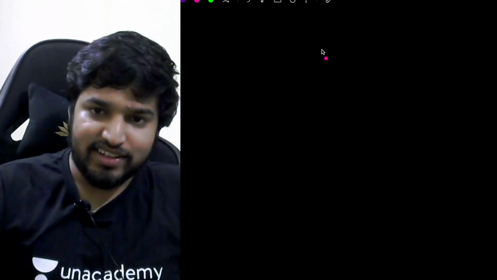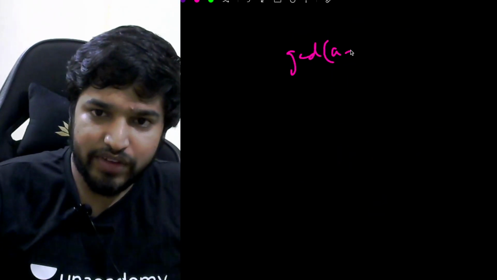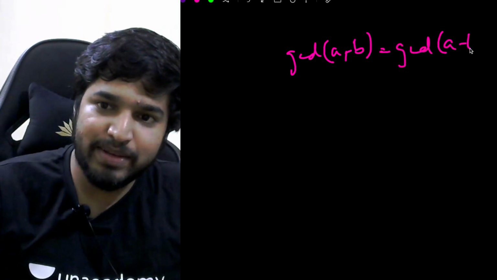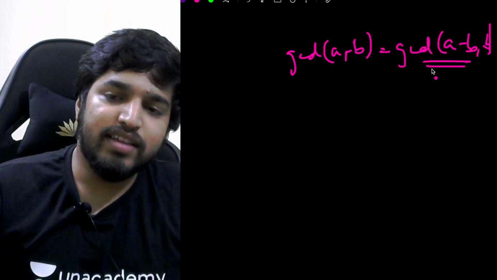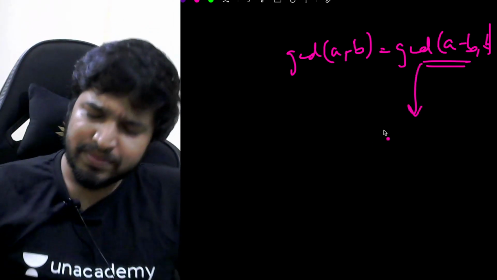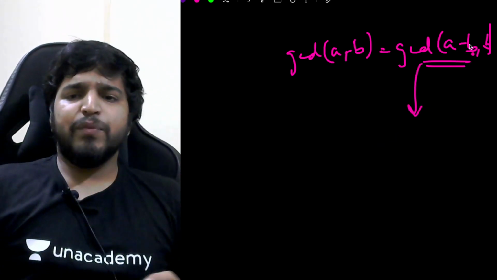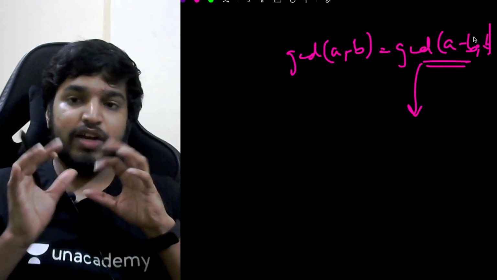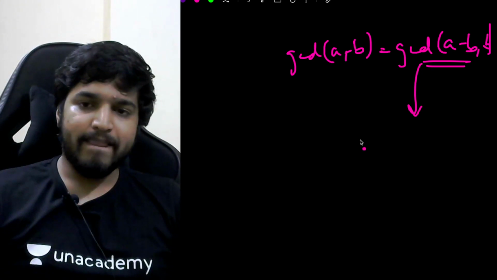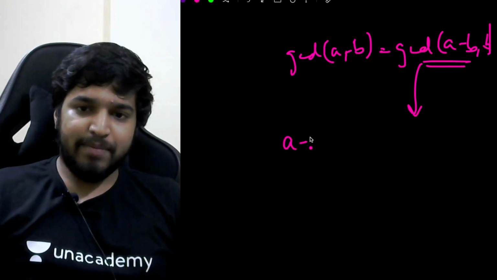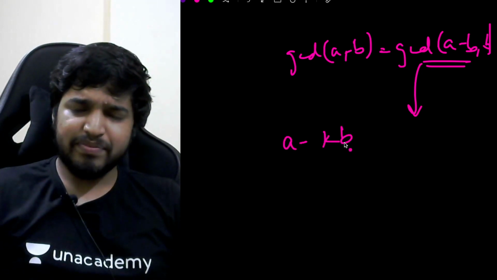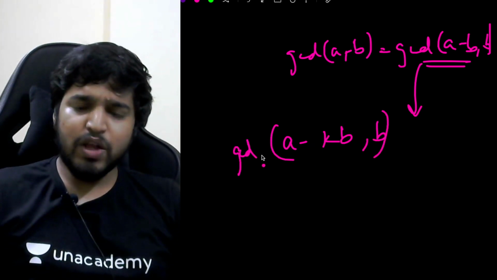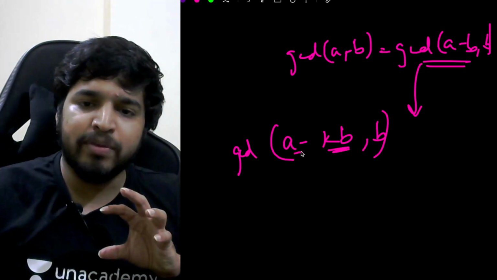So what can we write it as? GCD of A comma B is equal to GCD of A minus B comma B. And if you keep doing this recursively, from A we remove the largest multiple of B we can while keeping it non-negative. That is going to be A minus KB comma B. What is the largest multiple of B you can remove from A?